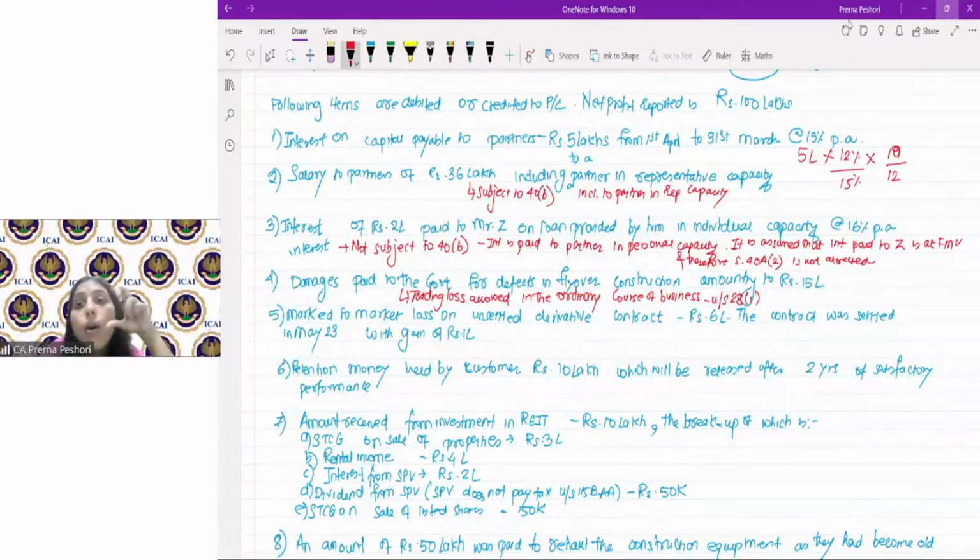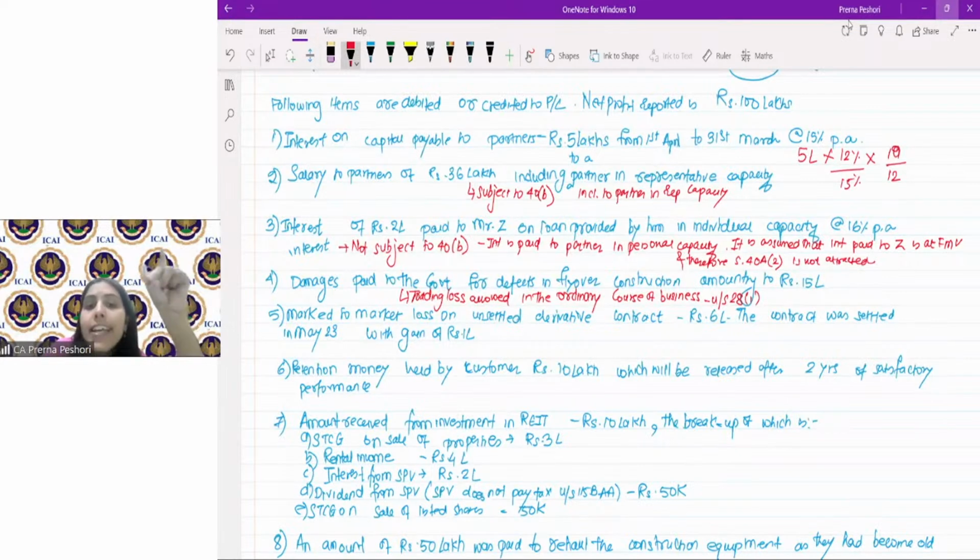And accounting principles are also given under 145 subsection 2. Under 145(2), the ICDs are notified.